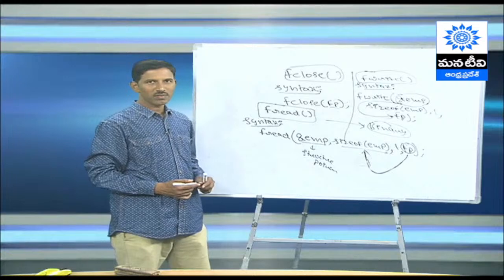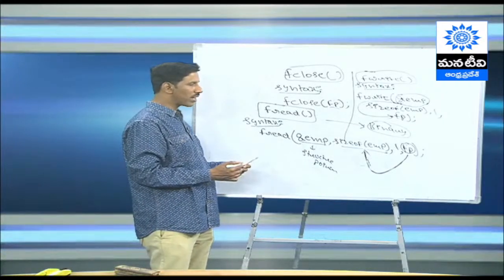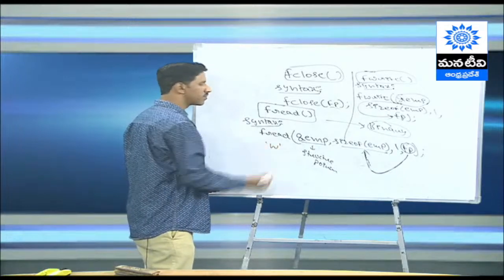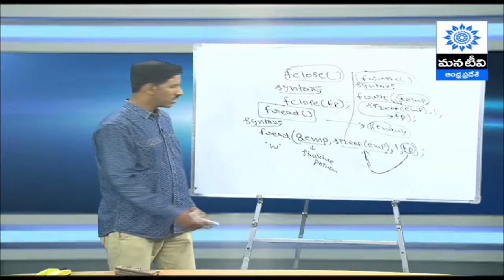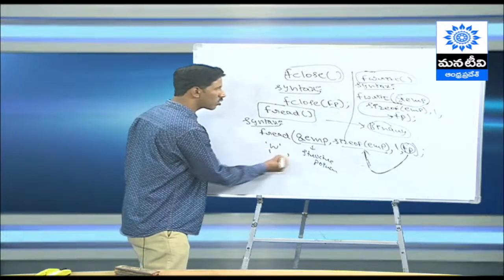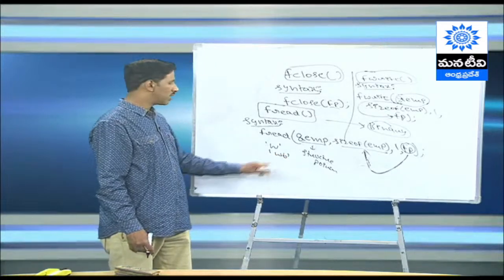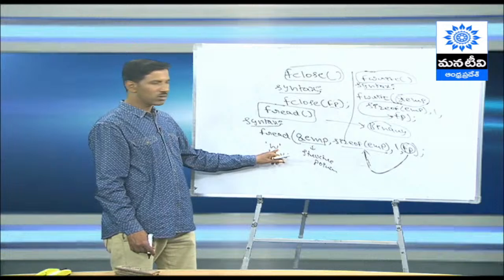Generally, if I want to write to a normal file, what is the operation mode? W. If I want to write the data in binary mode, WB. W indicates write the data in a text file, normal mode.